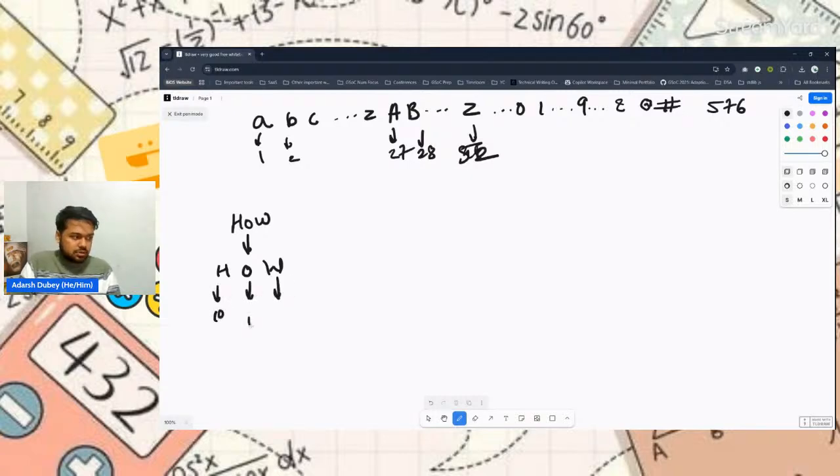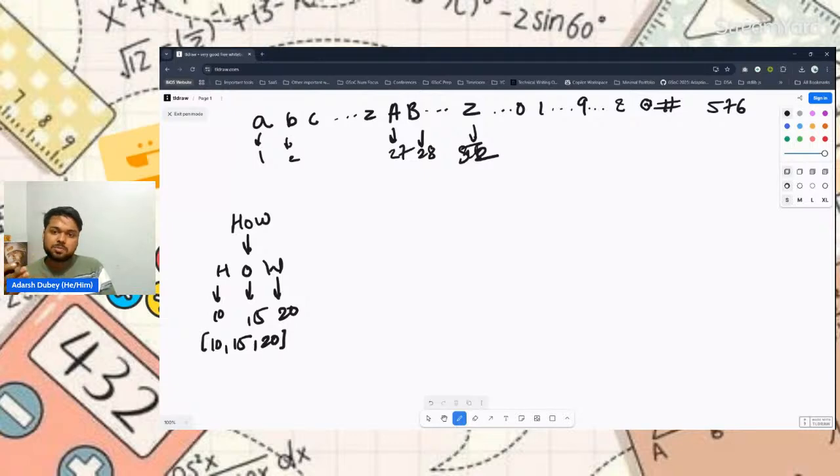Suppose it is 10, 15, and 20, which is wrong, but just suppose, and then the word will be 10, 15, 20. So this way, I do not need to know all the words in the world. I just need to know all the characters in the world, which is actually less than the number of words. This is really great.